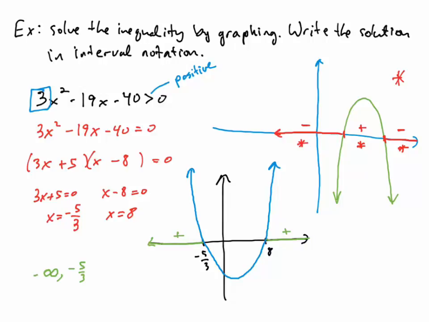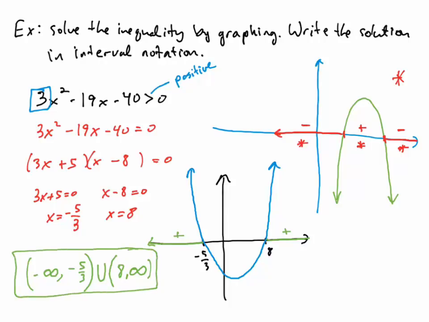And we don't want to include negative 5/3 because at that value, the parabola is actually on the x-axis, so it's not positive nor negative. It's equal to 0. So we don't include the endpoint there. And then union, starting again at 8 up to infinity. So this would be the interval where the parabola is positive.